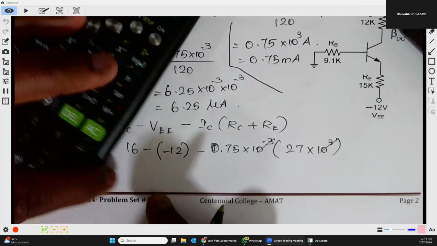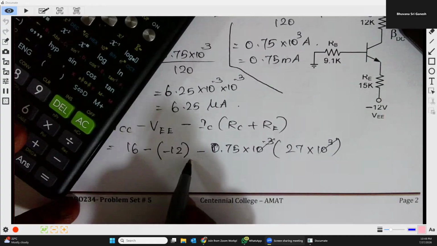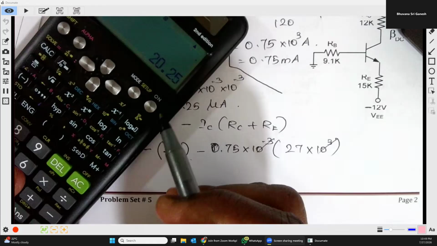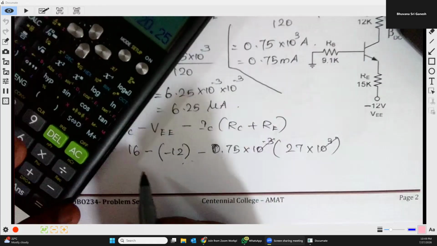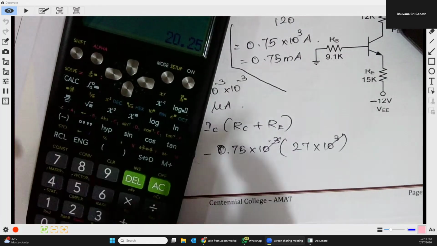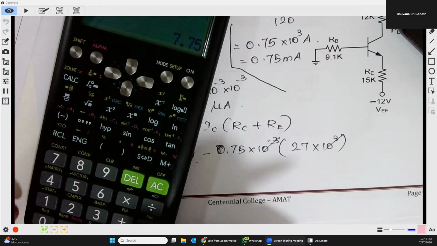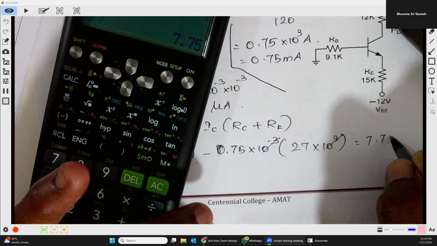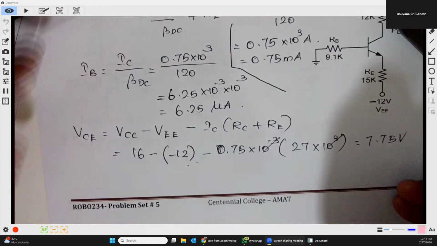So 16 plus 12 here, so this is 28 minus 20.25, whatever we have here, 28 minus answer equals 7.75 volts. All right, now we have all the three answers.